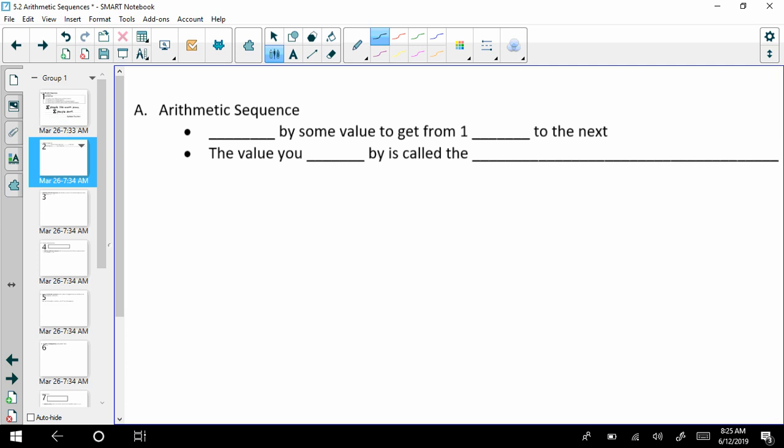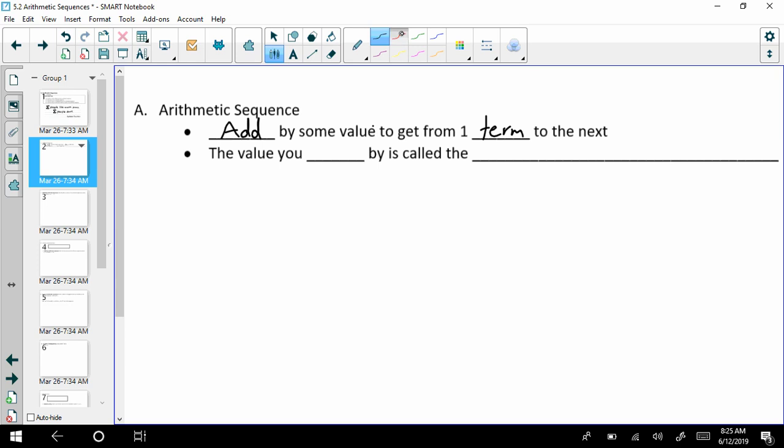So when I say an arithmetic sequence, what makes it arithmetic, you are adding by some value to get from one term to the next. And remember, each number in a sequence is called a term.